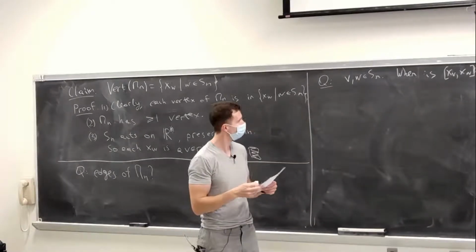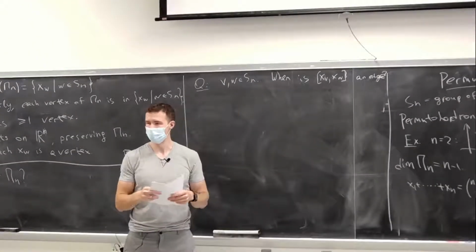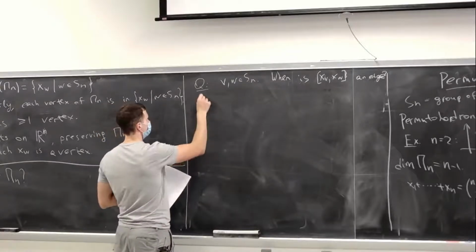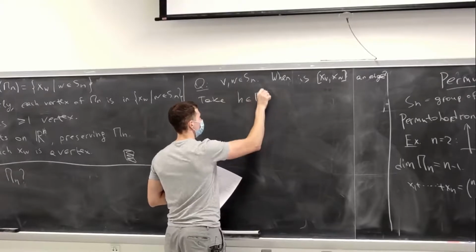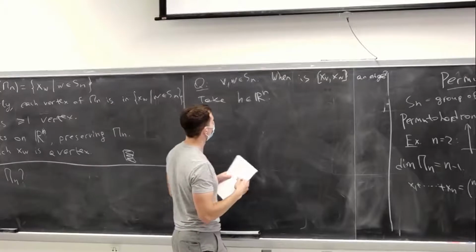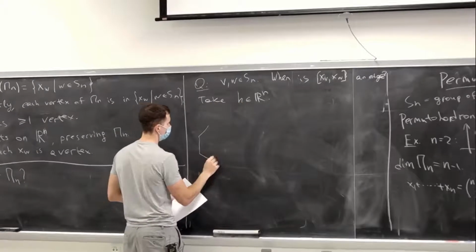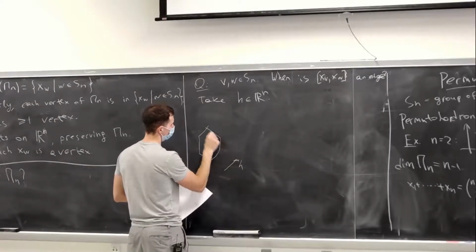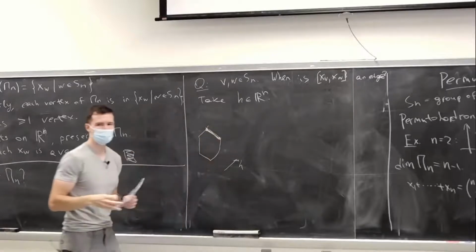But okay, so what is the condition? And let me actually try to figure it out. So let's say I take a vector h in R to the n. For each h, you have your Permutohedron, and there is some set of vertices where h takes the maximum value.